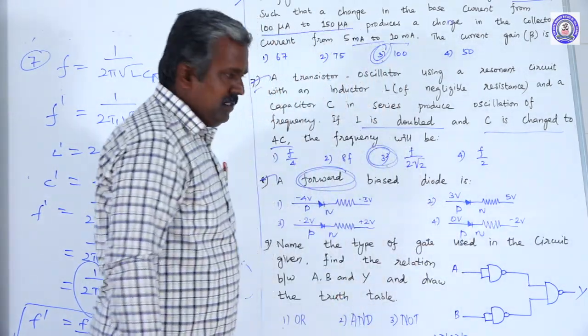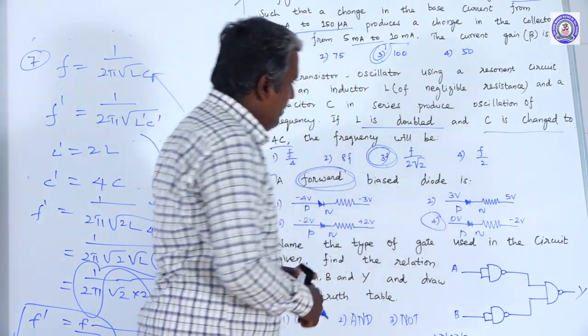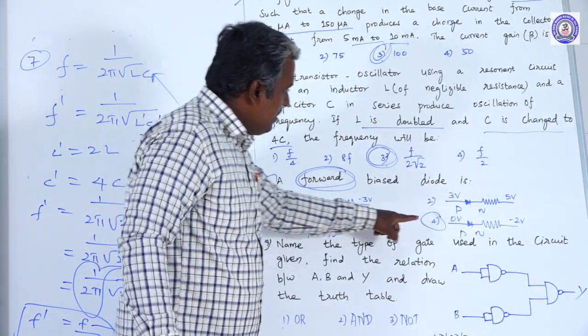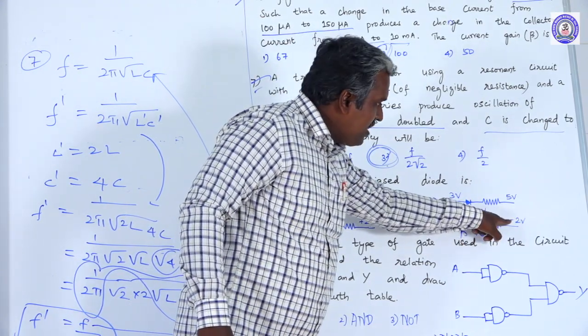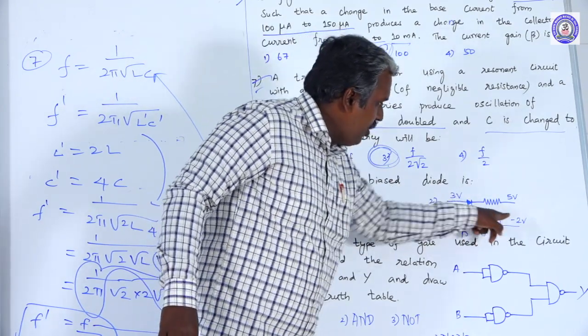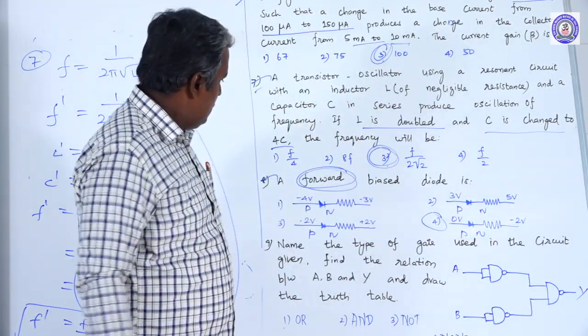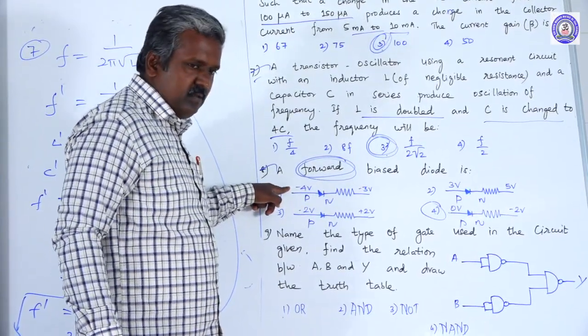Come on. Fourth option, very good. Yes, fourth option is correct. Why? Because of forward bias: 0 volt, minus 2 volt. Comparing with minus 2 volt, 0 volt is high voltage. High in P side, low in N side. So forward bias.